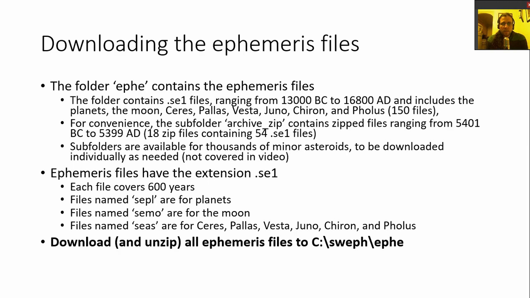For convenience, there's a subfolder, archive_zip, which contains zip files with a shorter time period. There are 18 zip files, containing 54 files. There are also a lot of subfolders for thousands of minor asteroids, which can be downloaded individually as needed, but that's not covered in the video.